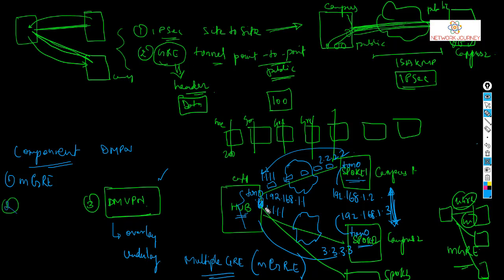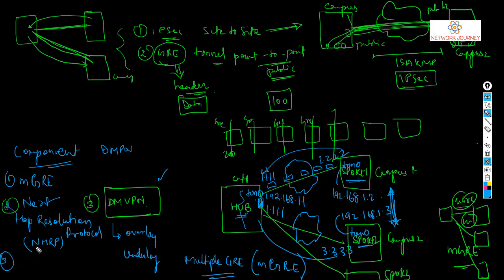So basically hub must know who is the next person. So the hub is going to make use of Next Hop Resolution Protocol, in short NHRP. This is the protocol which will help the traffic coming from spoke 1 move towards spoke 2.